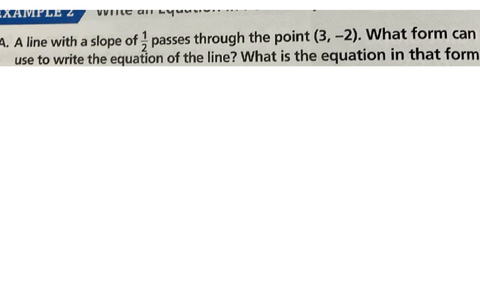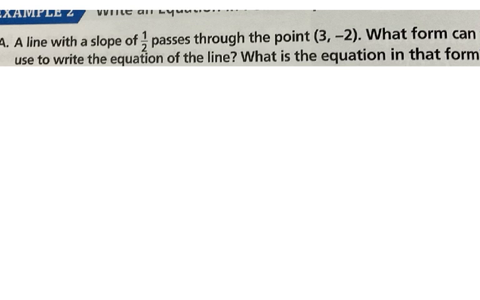So here we have a line that has a slope of 1/2, and it goes through the point 3, -2. What form can you use to write the equation of this line, and what is the equation in that form? As you're looking through that, I always like to look at, what am I given?